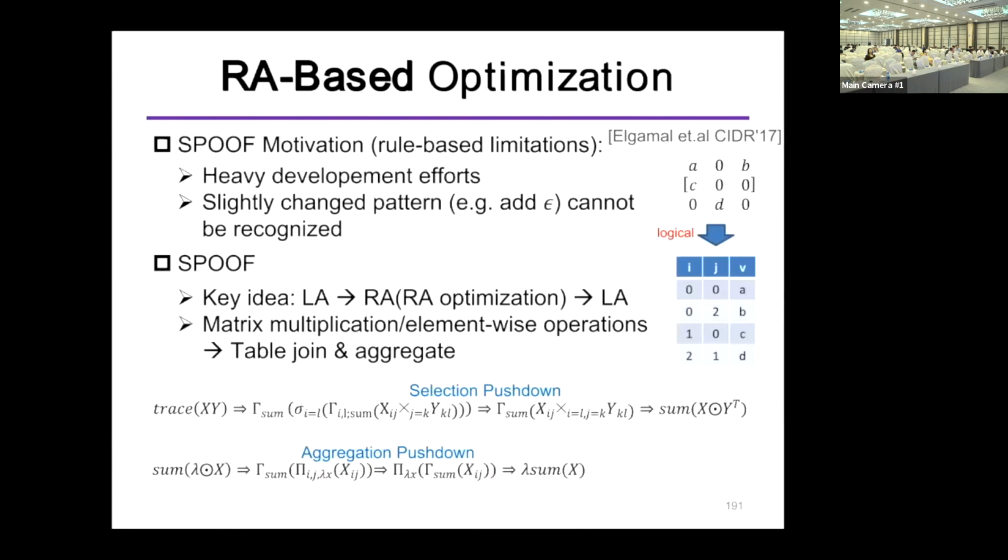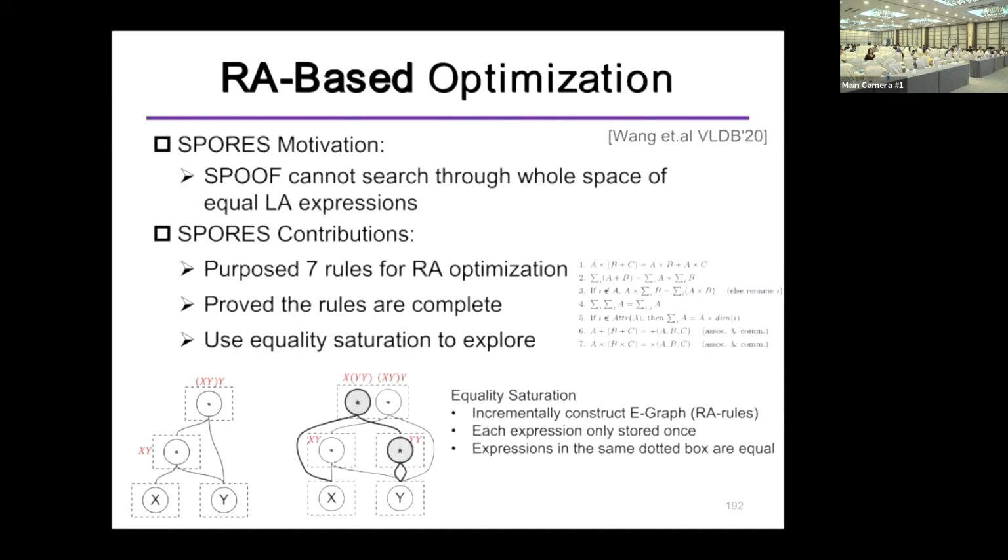So many relational algebra optimizations like join and aggregate can be utilized. And then SPORES can search through the whole space of equivalent LA expressions.